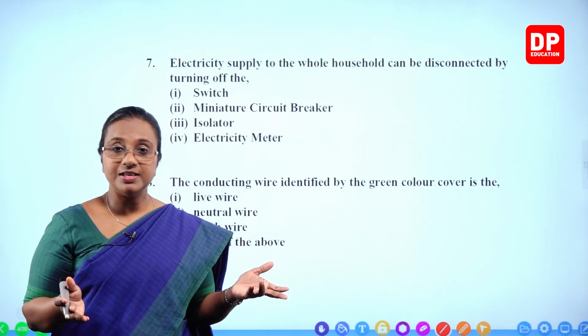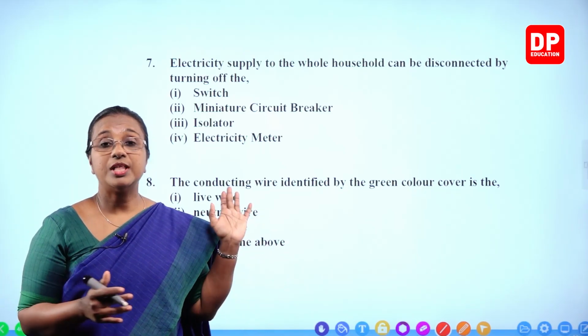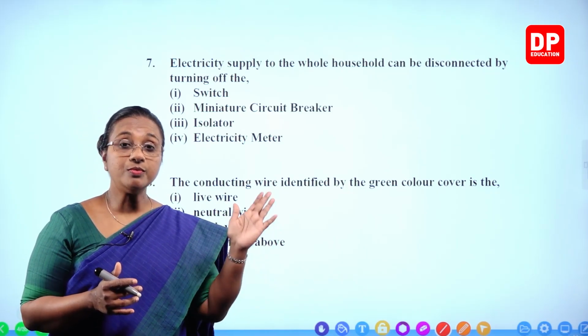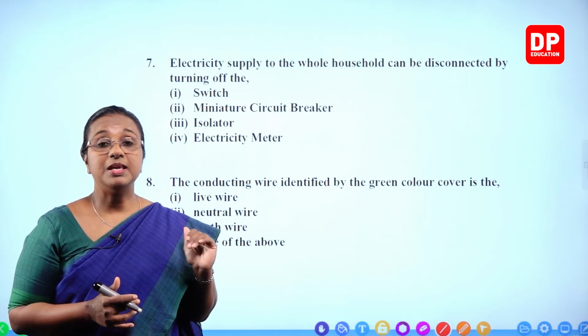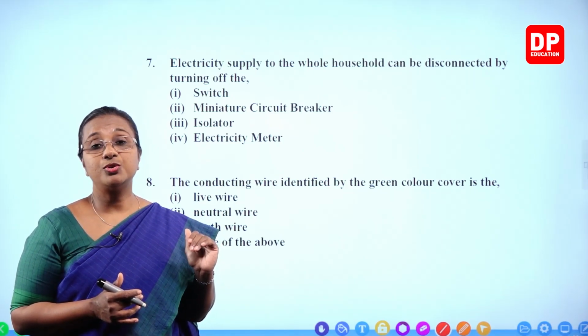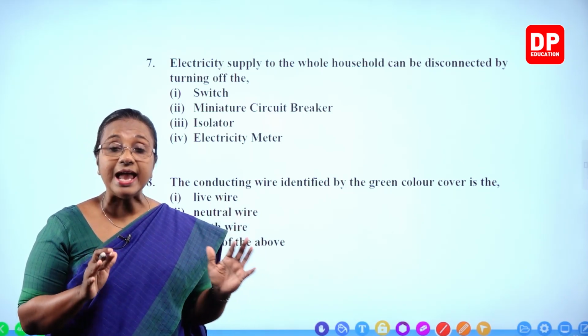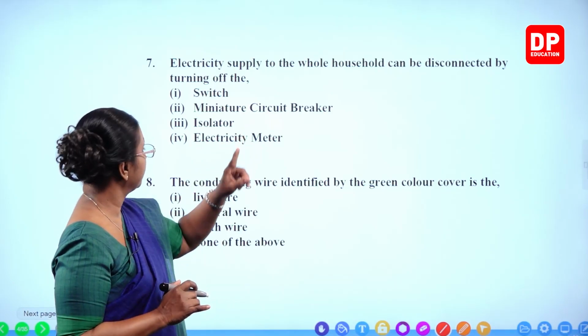Yes, the isolator, we said, will cut off the power supply to the whole household. So that is the main switch with the main fuse. And also when more than 30 ampere of current is being supplied to the household, it will turn off the electricity supply. But you can use it to disconnect the electricity supply to the whole household.